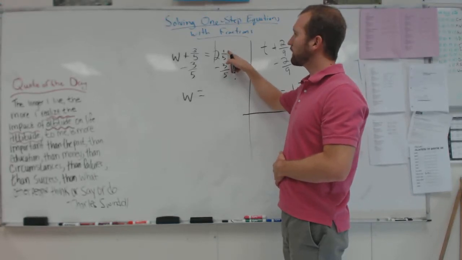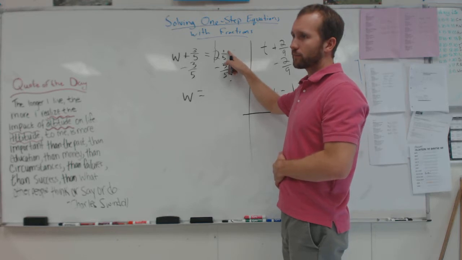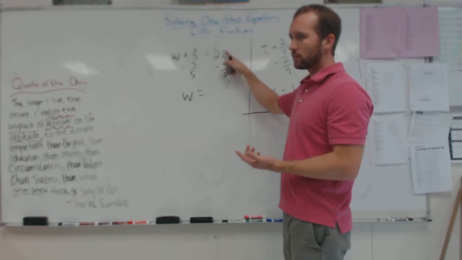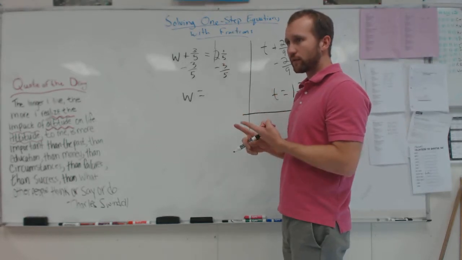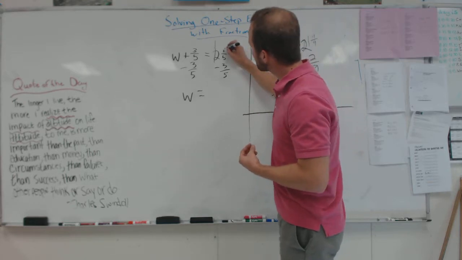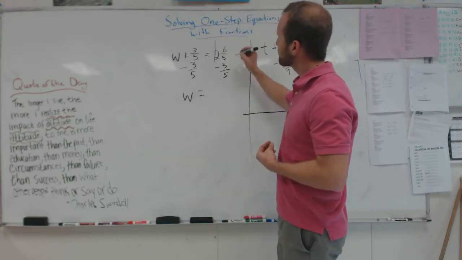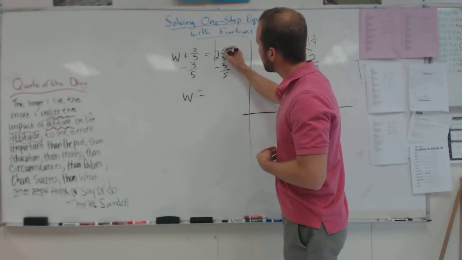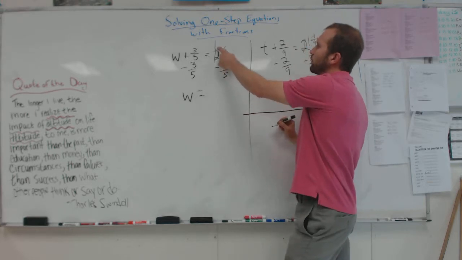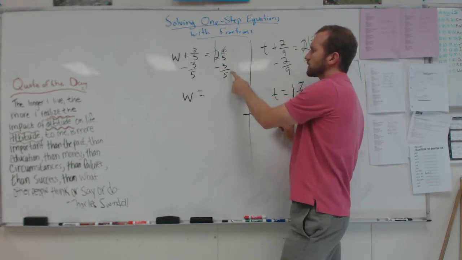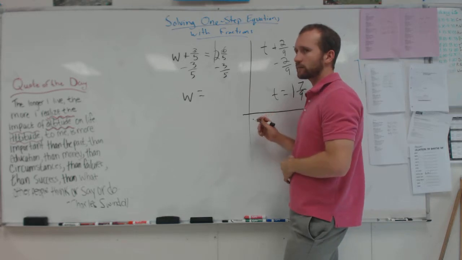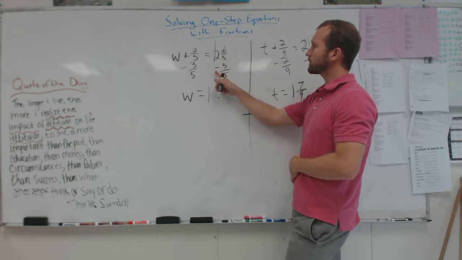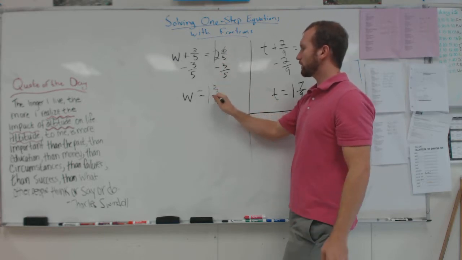So now how many fifths do I have? 5/5 plus 1/5 is 6/5. So I'm crossing out this 2 and adding 5 to it. So now I have 1 6/5 minus 3/5. What's my answer? I have 6/5 here, but I'm subtracting 3, so I have 1 3/5.